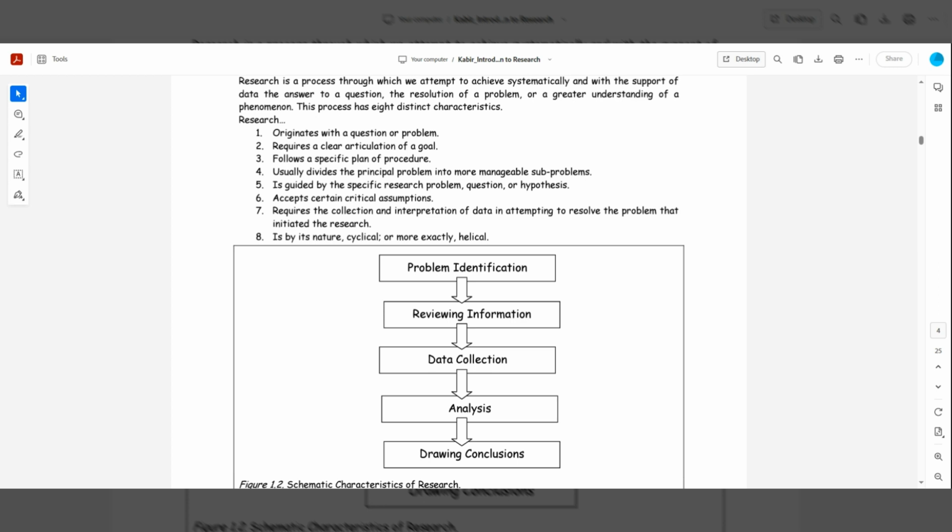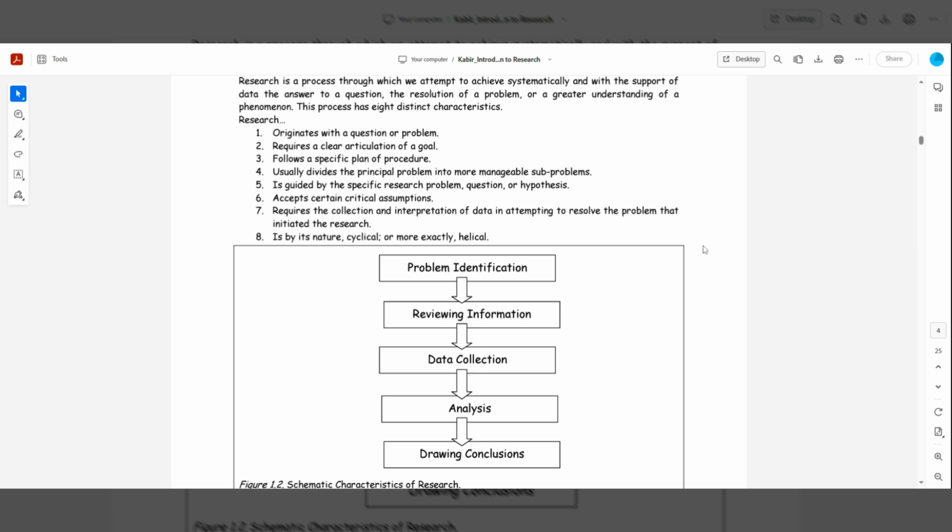So when your research is guided by the research problem, question, hypothesis, or thesis, it helps you keep moving towards that. So you're not looking for irrelevant or unnecessary information that really doesn't help you prove or disprove your research question.